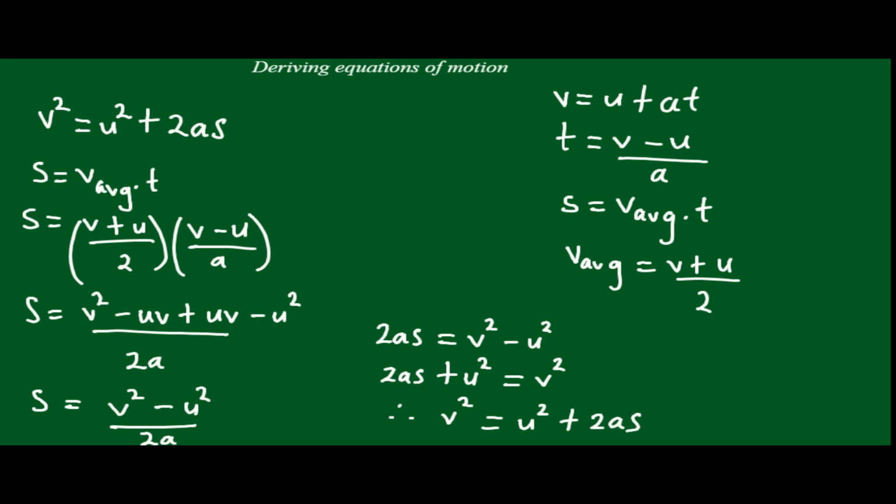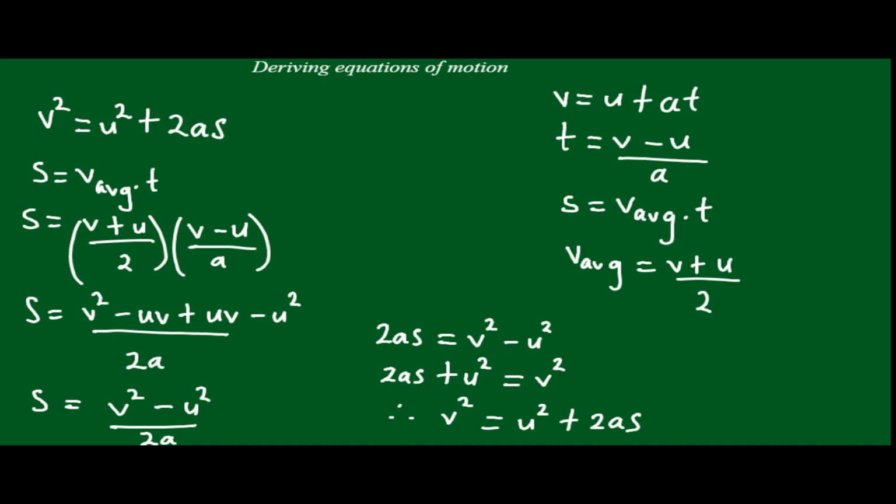So basically that's how we derive this equation of motion. We need to know the first equation of motion so that we can derive the equation connecting t to velocity and acceleration.